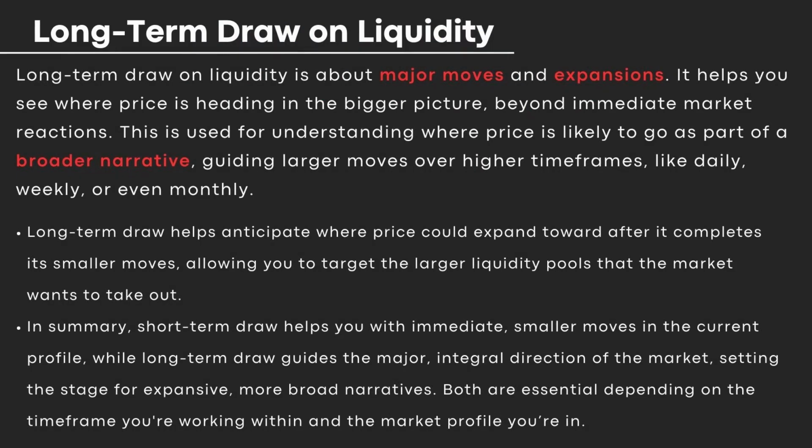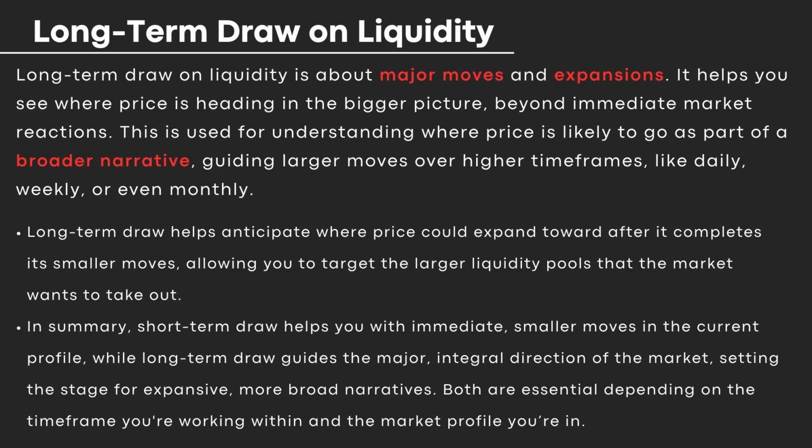Moving on, next up we've got the long-term drawn liquidity, right? And in this slide, we're going to discuss what long-term drawn liquidity is, what it stands for, and how to actually use it so that it can assist us in our analysis and execution. So, long-term drawn liquidity is about major and significant moves and expansions, right?